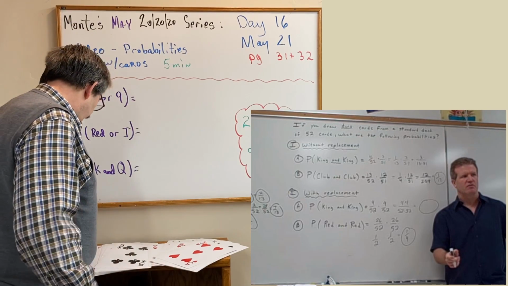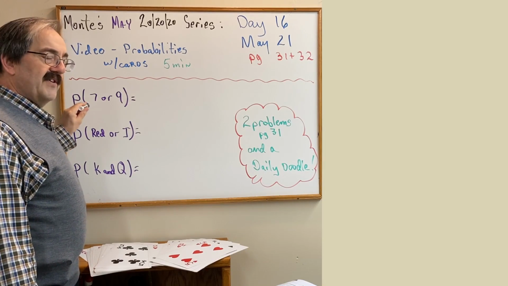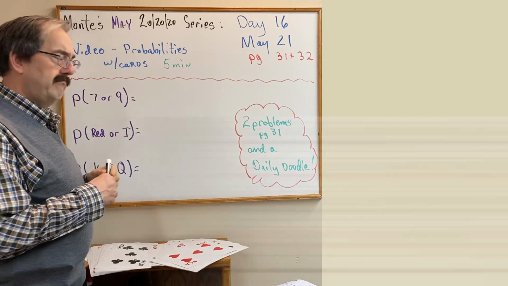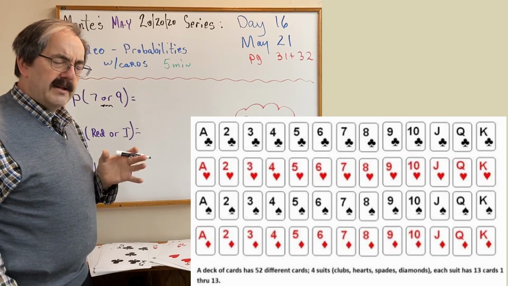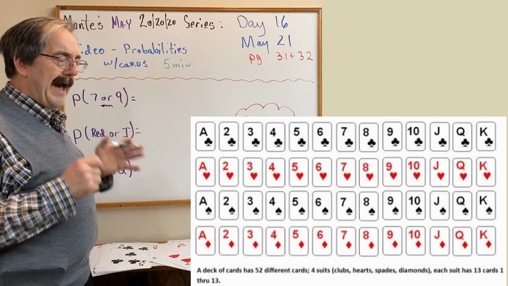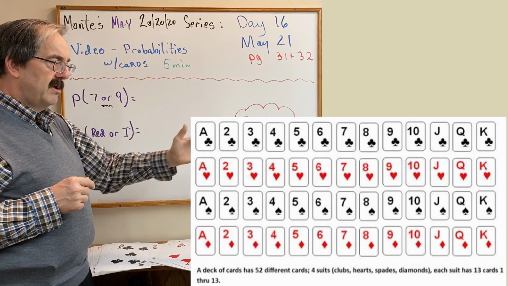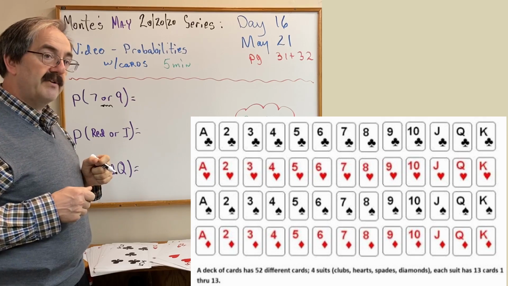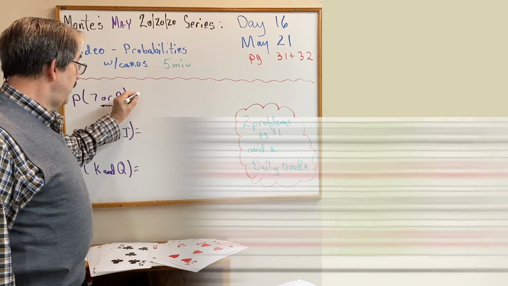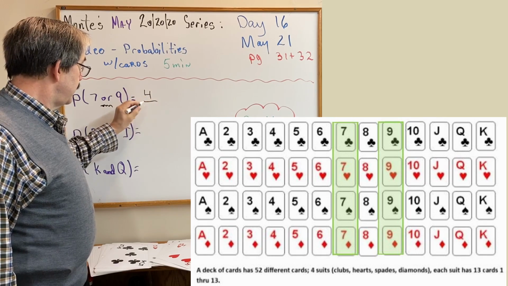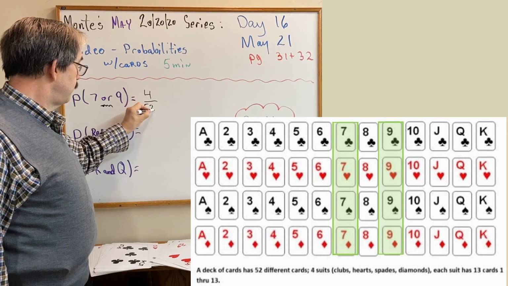All right, so probability. Probability of a 7 or a 9. Key term, or. Now let's just think without doing math. Got all the types of cards. There's 52 cards. How many 7s? 4. The probability of getting a 7 is 4 of 52.